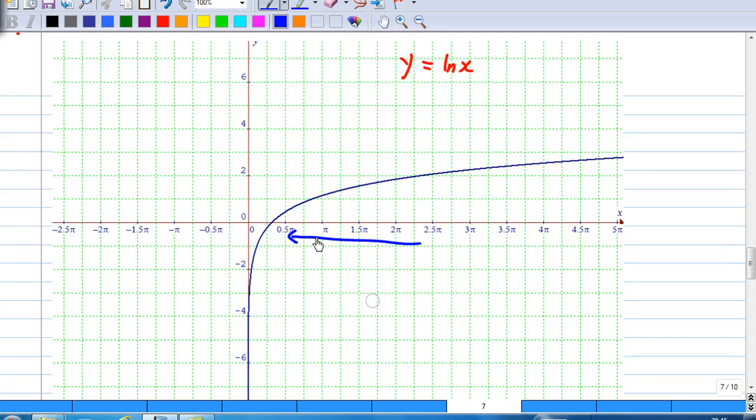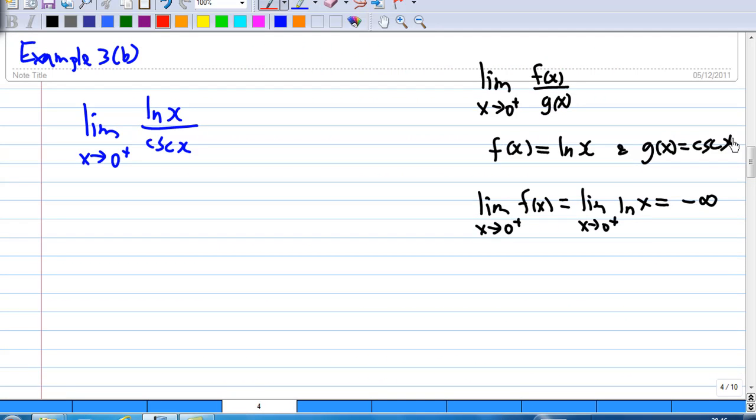As you move x towards 0 from the right, you find that the value of y goes towards minus infinity. So this is why the limit of f of x as x goes to 0 plus is equal to minus infinity.